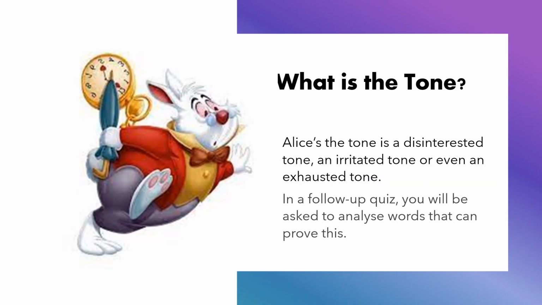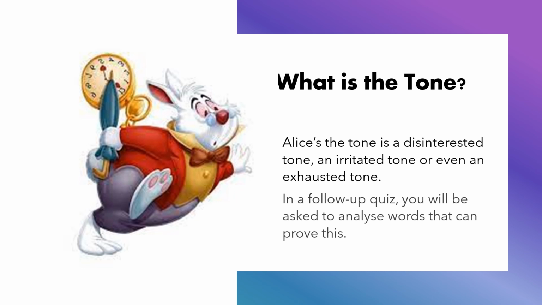Finally, tone. Tone, like context, is important. Tone gives you a sense of what the author is feeling. So include with tone, attitude. What is the attitude of the writer? What is the attitude of the character? So, for example, Alice is annoyed.